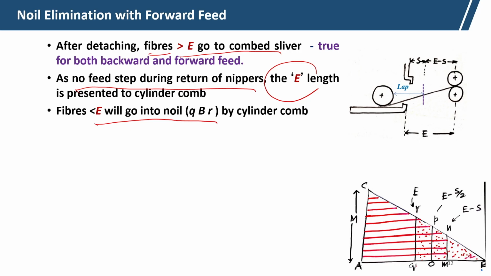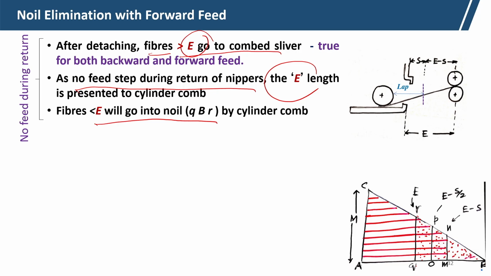That means this zone, QRB, will go to the comber noil by the cylinder comb, and no feed during return. So, that is why E is being presented.